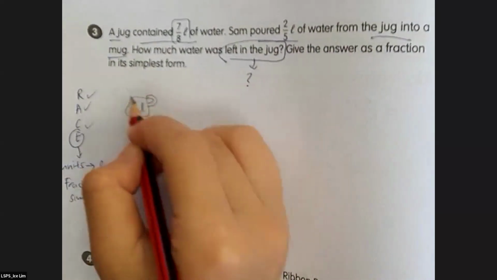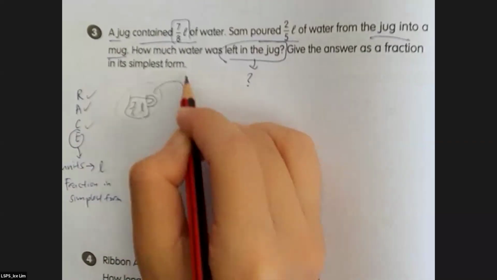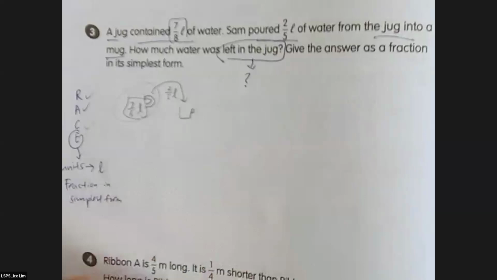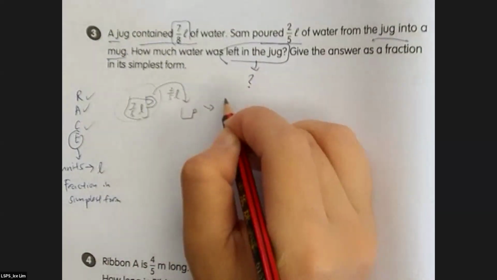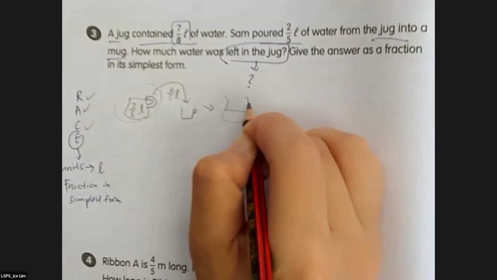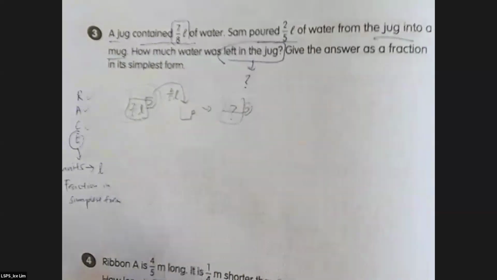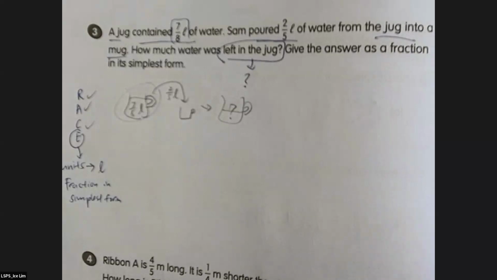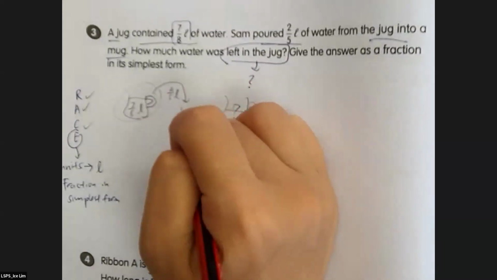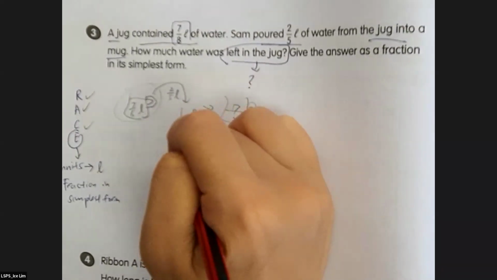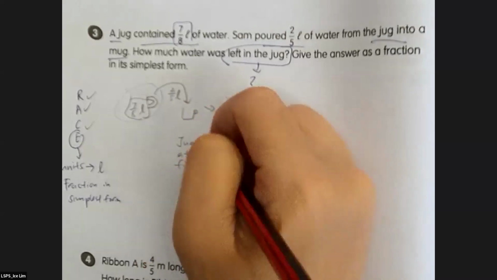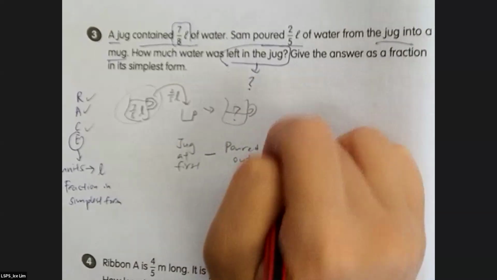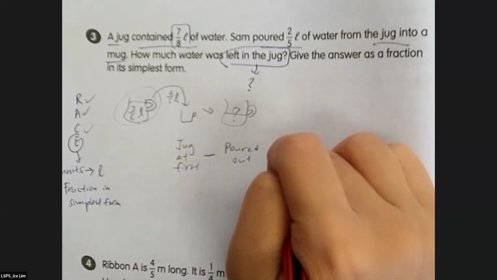I pour some of it, 2/5 liter, into a mug. So in the end the jug will have less inside. So what's left? The next step I do the numberless equation. So it will be jug at first minus pour out will be jug left.